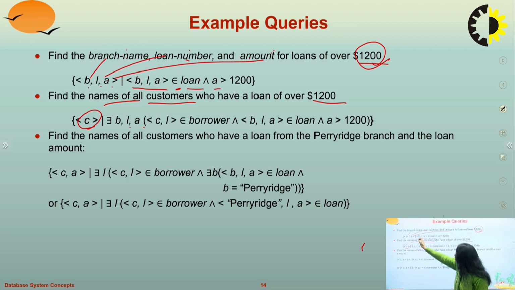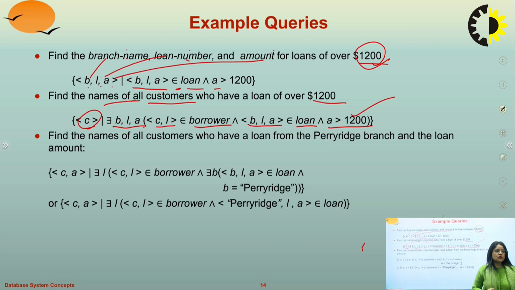But all these variables are elements of that relation: C is an element of borrower, and those domain variables are elements of loan, and loan amount is greater than 1200, right? So in this way we can represent the domain relational calculus.